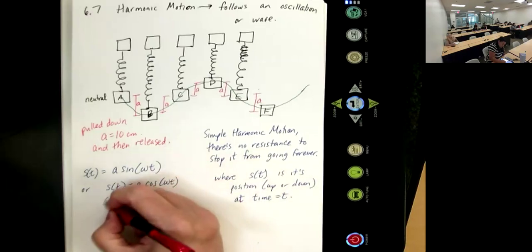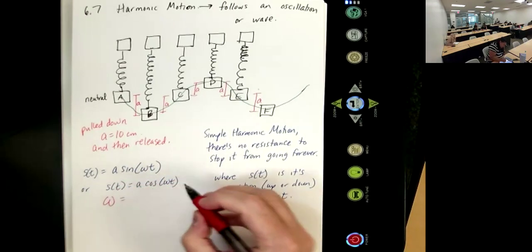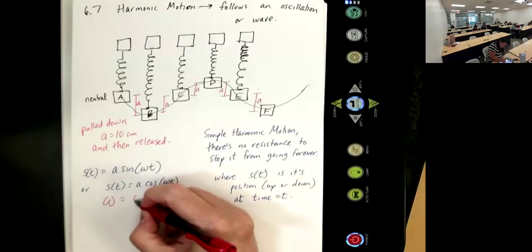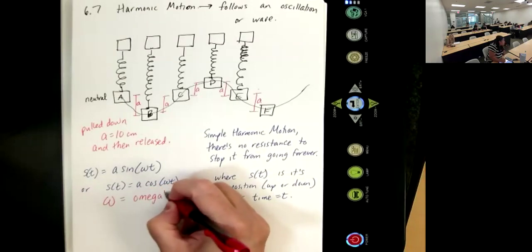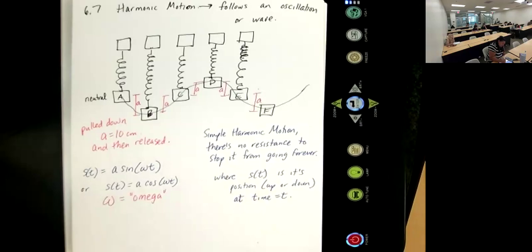Omega is like a curly W. It's omega, like alpha and omega. That's what it's called.